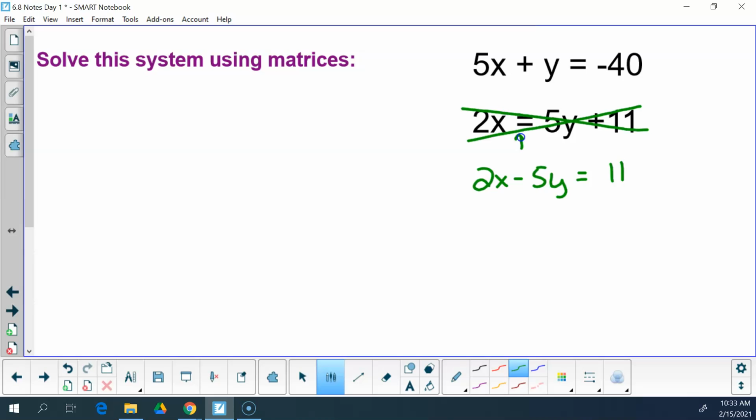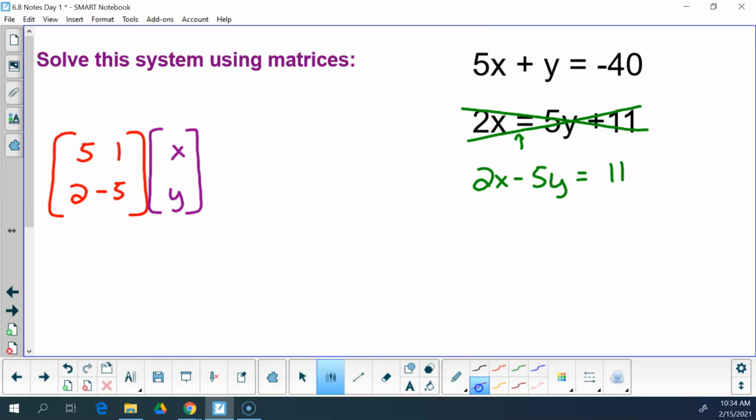And I got to make it look like that if I'm going to put it in proper form. Should be the matrix form of it.